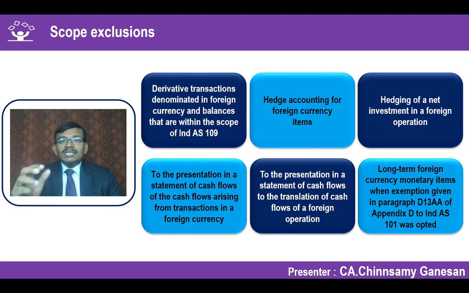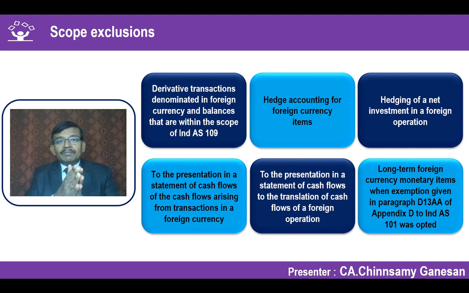During those 5 years, whatever losses or gains I have in restating the foreign currency liability to the year-end rate of the reporting currency, those differences will be added or deducted. Added means if there is an exchange loss, it will be added to the carrying amount of the PPE. If it is a gain, it will be reduced from the carrying amount, and the depreciation will be on the revised number over the useful life of the asset.